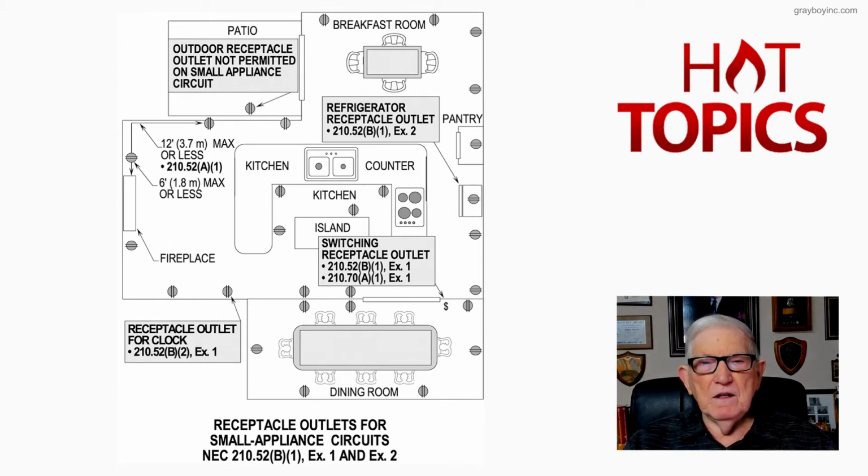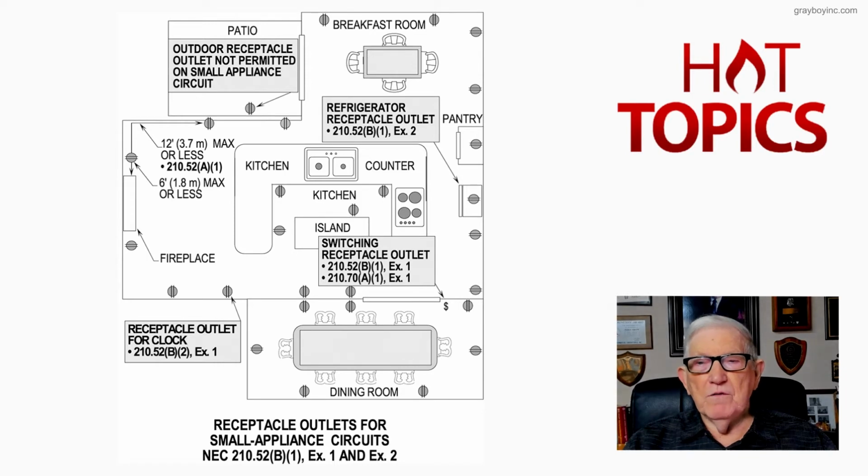We know we need receptacles located in the kitchen area, and maybe for just a wall behind the countertop, or you may have a peninsula, you may have an island, and we'll look at those receptacles, what's required and what's not. But now notice you could go into the breakfast room and have a receptacle that is switched by an outlet by the exception 1 to 210.52B1, and that would be counted as a required outlet if it's spaced and installed properly.